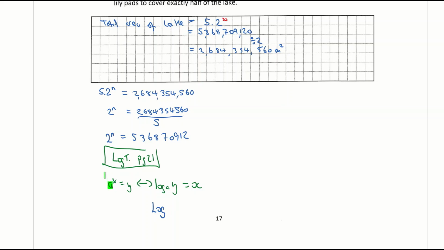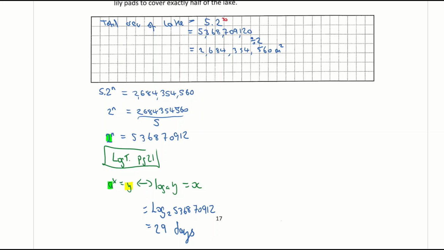The a is the value to the x, which is 2. My y is the value it's equal to, which is 536870912. And when I work that out in my calculator, I'm getting 29 days. So here it's taking 29 days to get to half the lake to be covered by the lily pads.